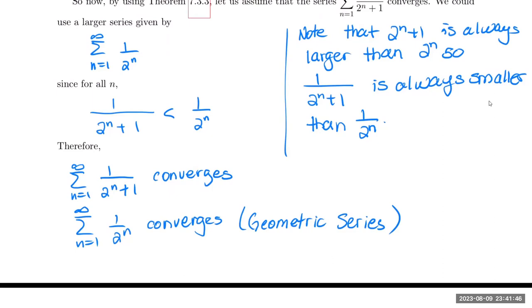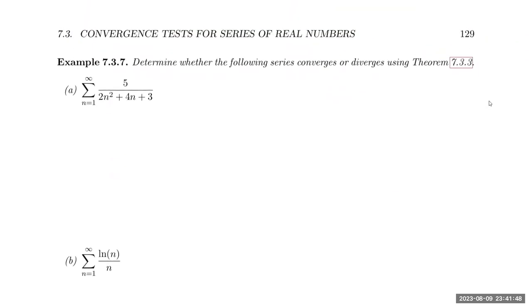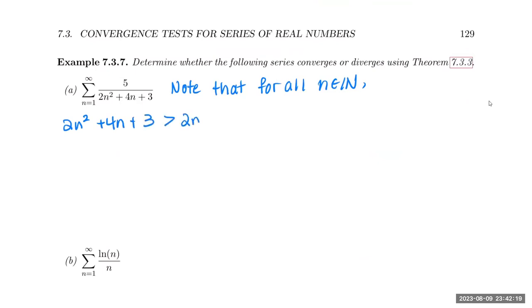All right. So let us determine whether the following series will converge or diverge using the comparison test. First of all, let us have a look at the terms here. Note that for all n, 2n squared plus 4n plus 3 is always going to be larger than 2n squared.